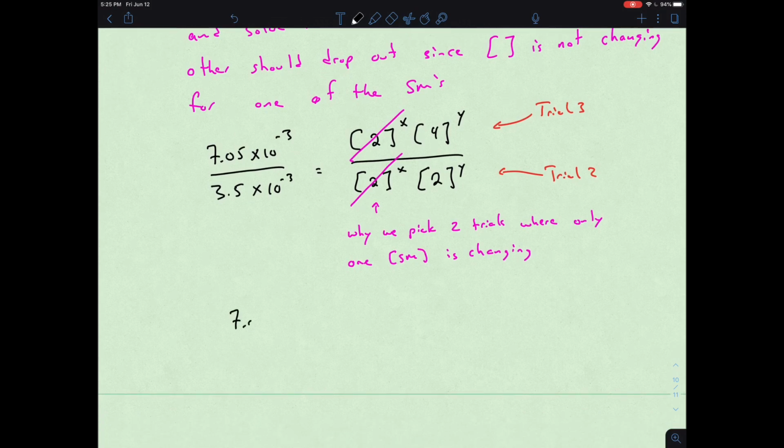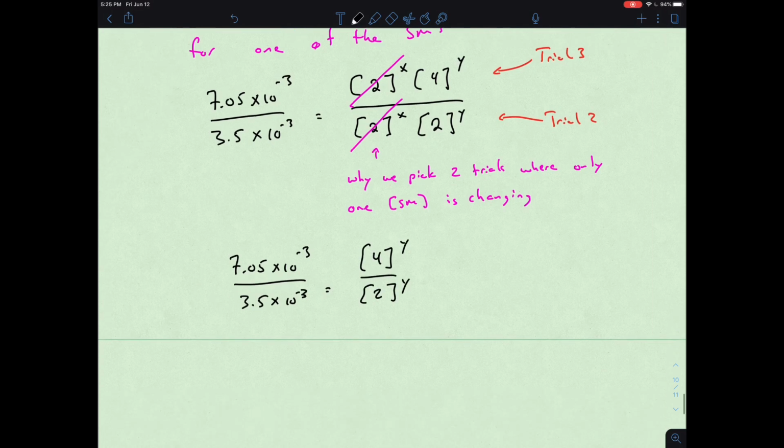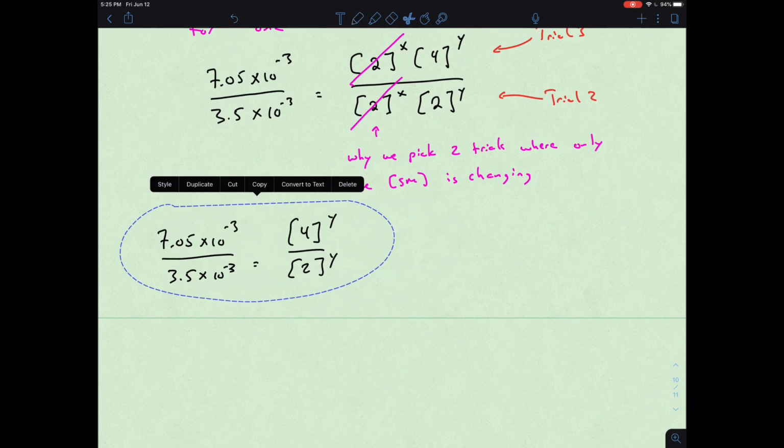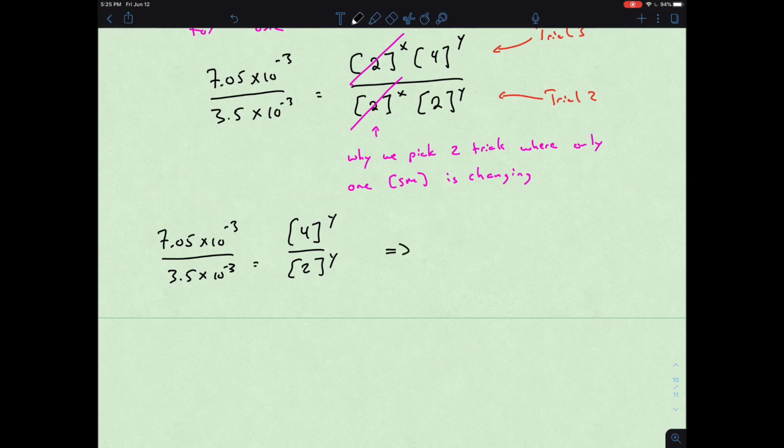And so we find our ratio of rates is equal to 4 to the y over 2 to the y. And if we go one step further, we could say that roughly 2 is equal to 2 to the y.